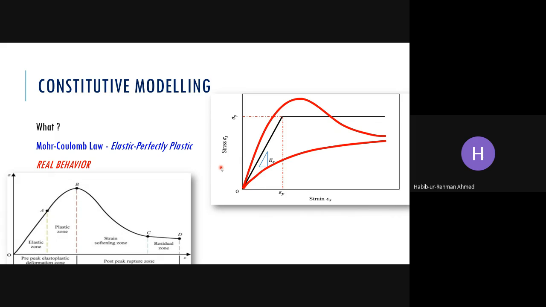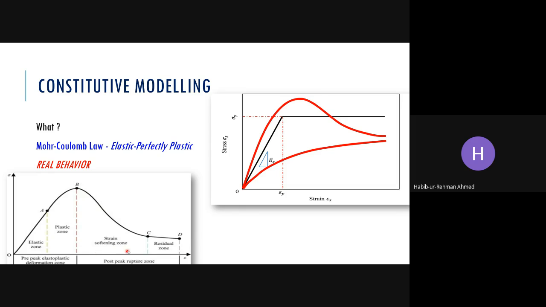the real model of the behavior of the soils. You can see here, if I divide this behavior into different parts, up to a certain extent there is an elastic zone, then we have a plastic zone, and then we have a peak, and after that we have a fall in the stress levels with the same strain levels.